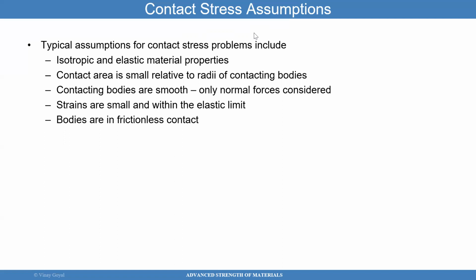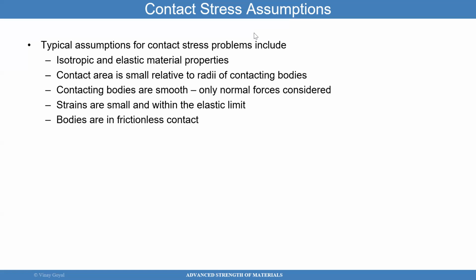The second assumption is that the two bodies of material remain in their linear elastic range. We'll also assume in this theory that the contact area is small relative to the radii of the contacting bodies. And then we also assume that these contacting bodies are smooth.